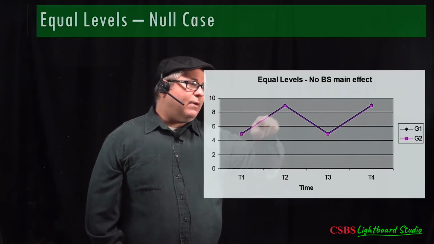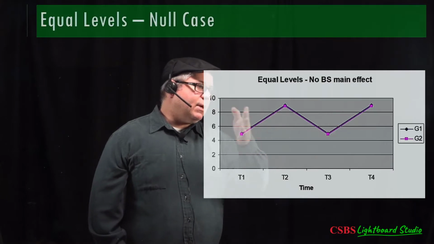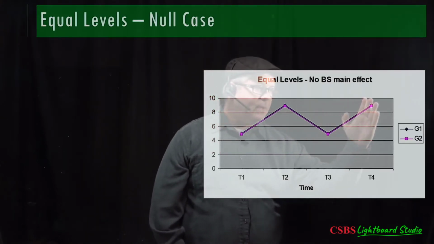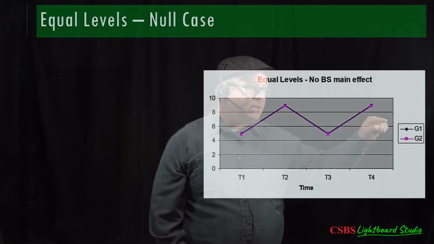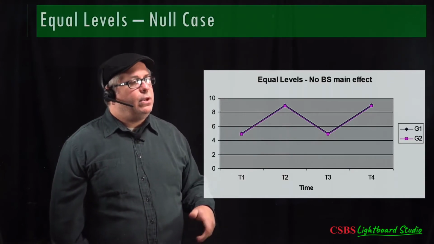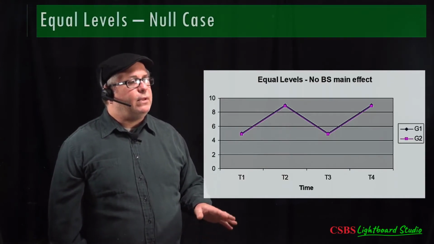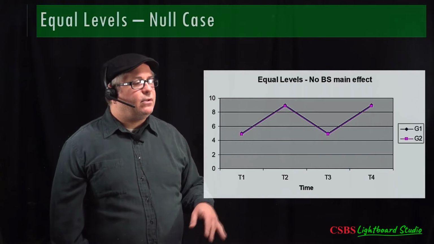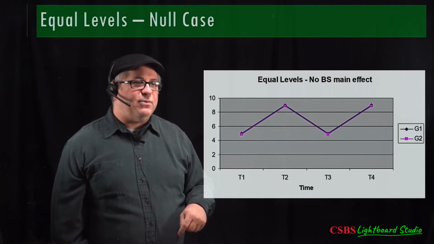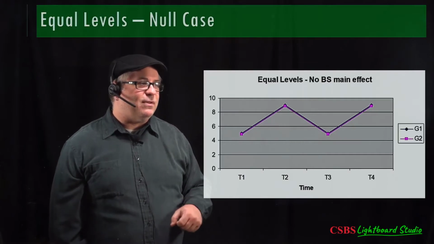If I were to average the 4 points across time, collapsing this all the way over, I would get an average somewhere about here, right? The average of all 4 points would be about here, and both groups would be at the exact same point. So even though there's a lot going on, we would not find a between subjects main effect here. You probably thought that BS meant something else, but that's for between subjects. There's no between groups, no between subjects main effect here.